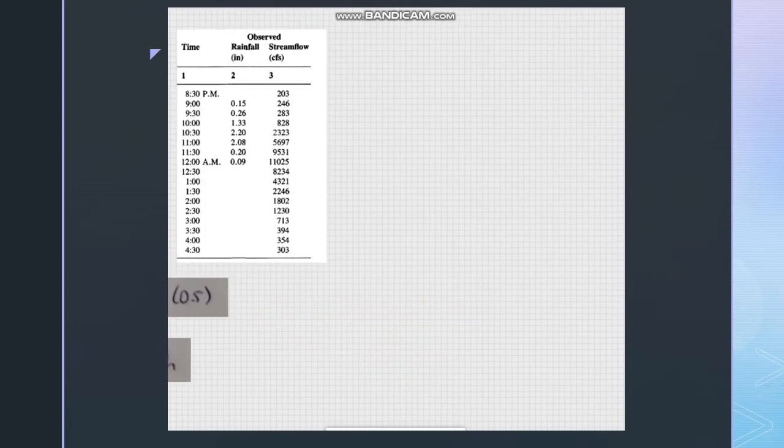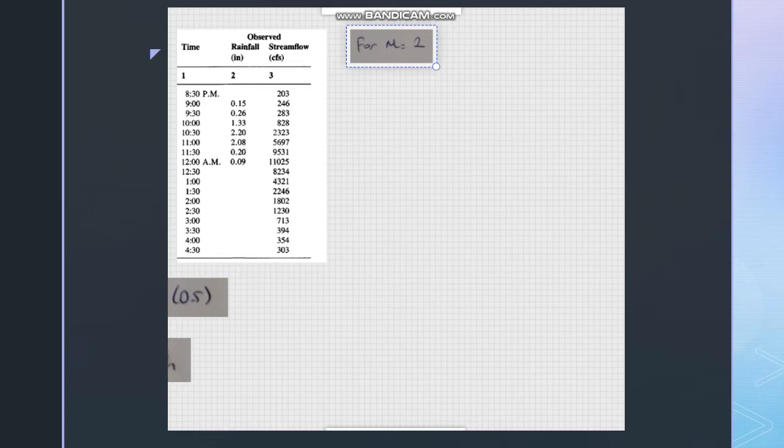Okay, the next step is for m equal to 2. For m equal to 2, we need to choose the two highest ones, which are 2.2 and 2.8.